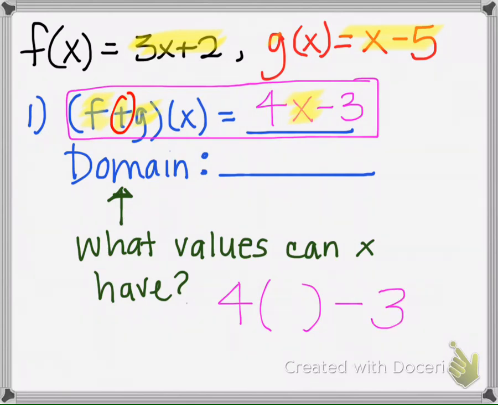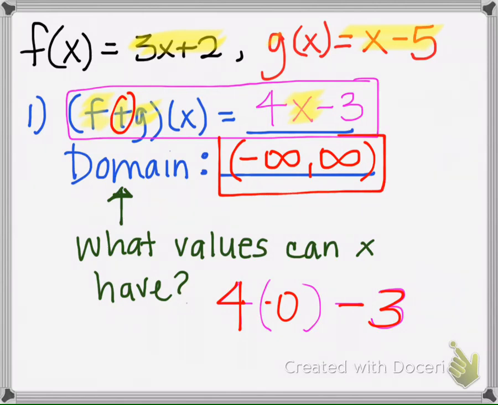So hopefully you're thinking any numbers, so all real numbers. I could plug in 5, negative 5, 0, any number. So that's why our domain is all real numbers.